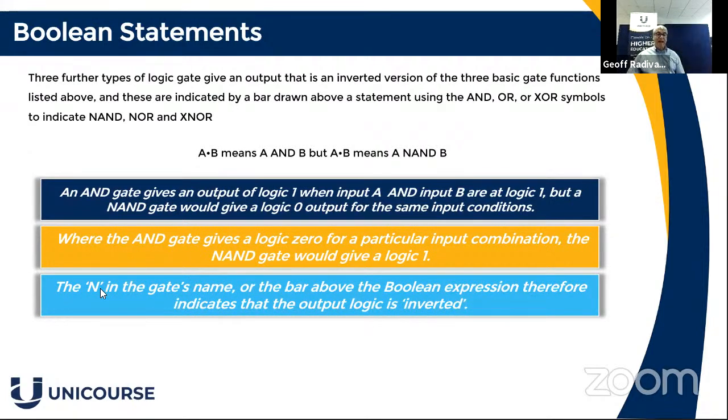Now, when we look at AND gates and when we look at the NAND gates, the N tells us that we're actually going to invert it from the AND to the NAND. And we'll look at the Boolean algebra expression. There'll be a line above the letters.